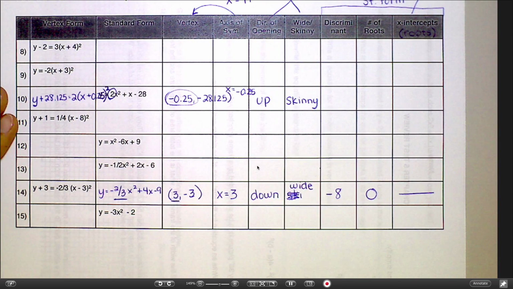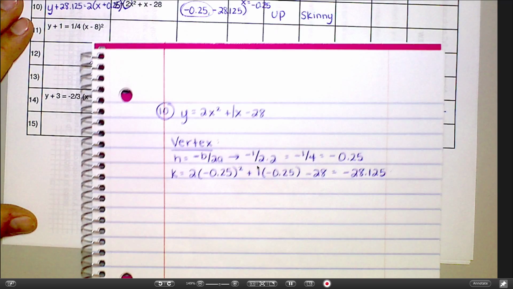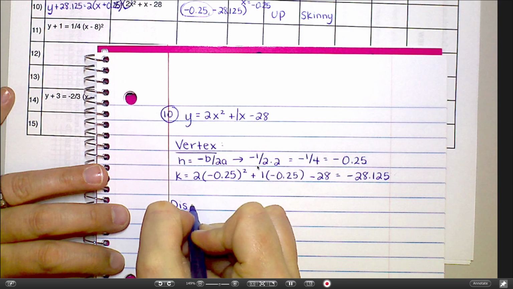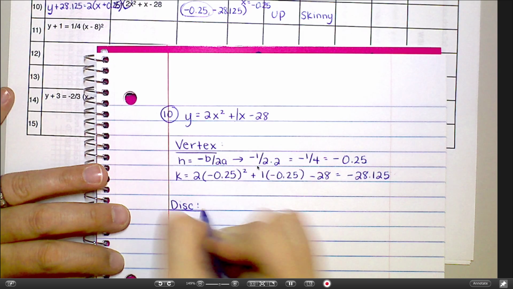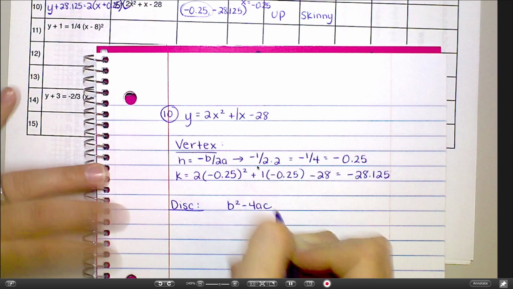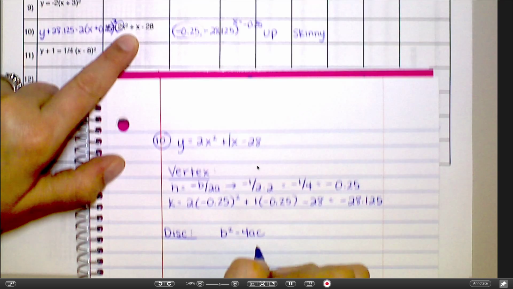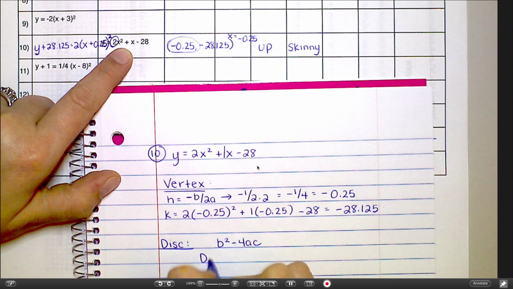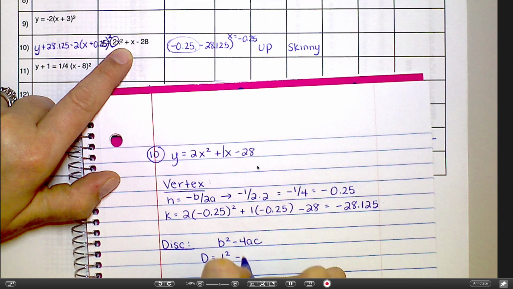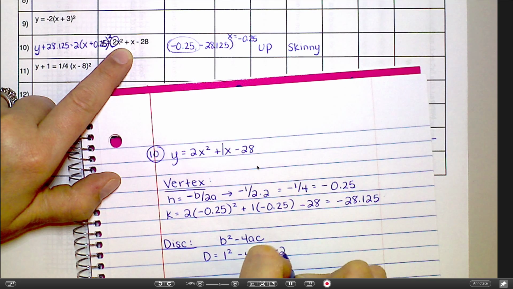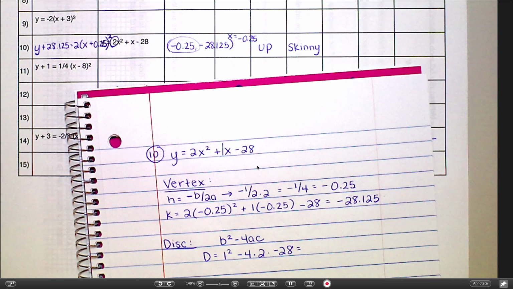All right, to find the discriminant, remember, I'll be doing b squared minus 4ac. And again, you're looking back at standard form here, at this equation. So that would be 1 squared minus 4 times 2 times negative 28.